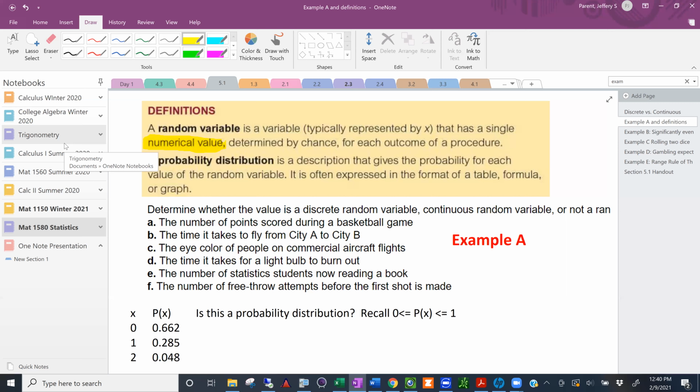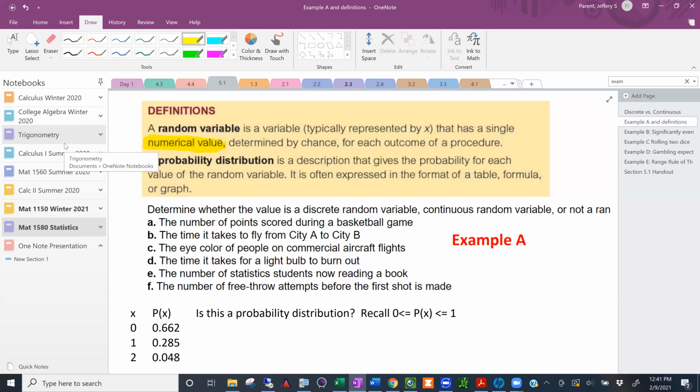So does that make it a discrete random variable or a continuous random variable? Continuous. Yeah, that'd be a continuous random variable because it could be anything in some interval, as opposed to the number of points scored during a basketball game, which can only take on finite values.